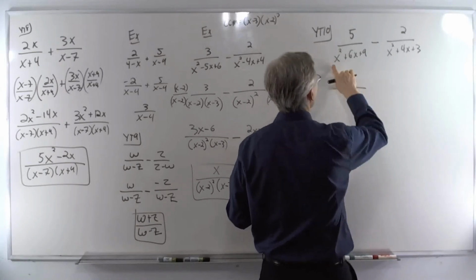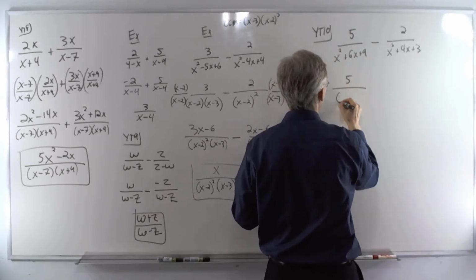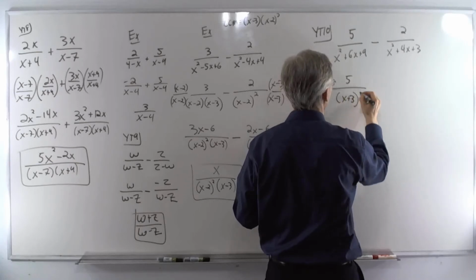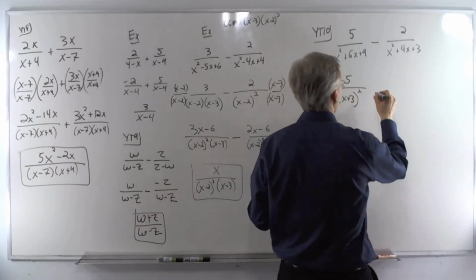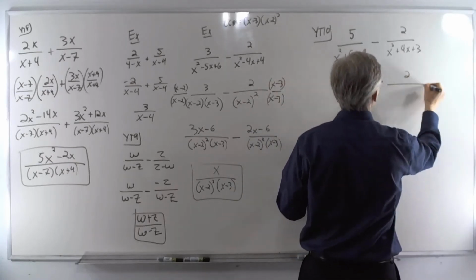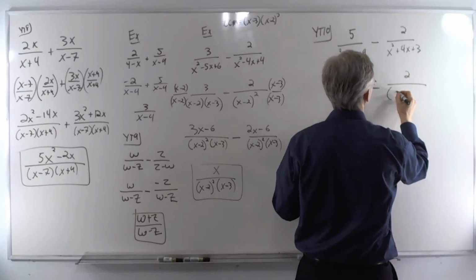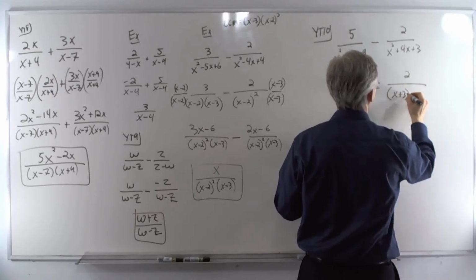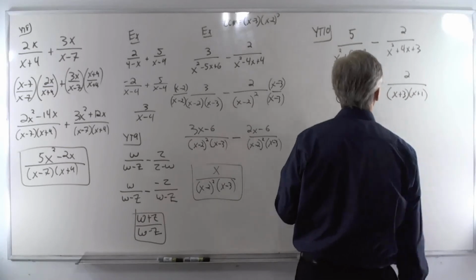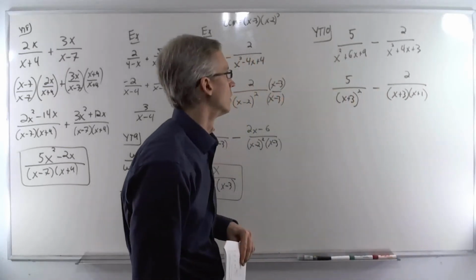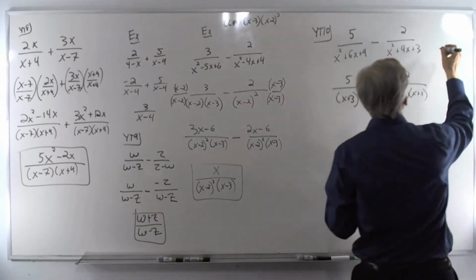We'll factor these. We've got a perfect square trinomial here, so that is x plus 3 squared. And on the right side, we can factor this into x plus 3 times x plus 1. So we have two bases.